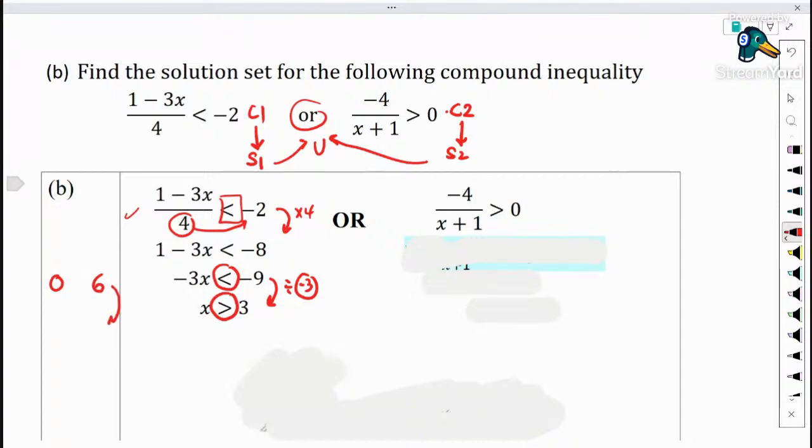If I divide both of these numbers by negative 3, 0 is still 0 and 6 becomes negative 2. If you compare 0 and 6, 6 is larger. If you compare 0 and minus 2, 0 is larger. After the division, you can see the inequality sign has changed. This is what actually happens.